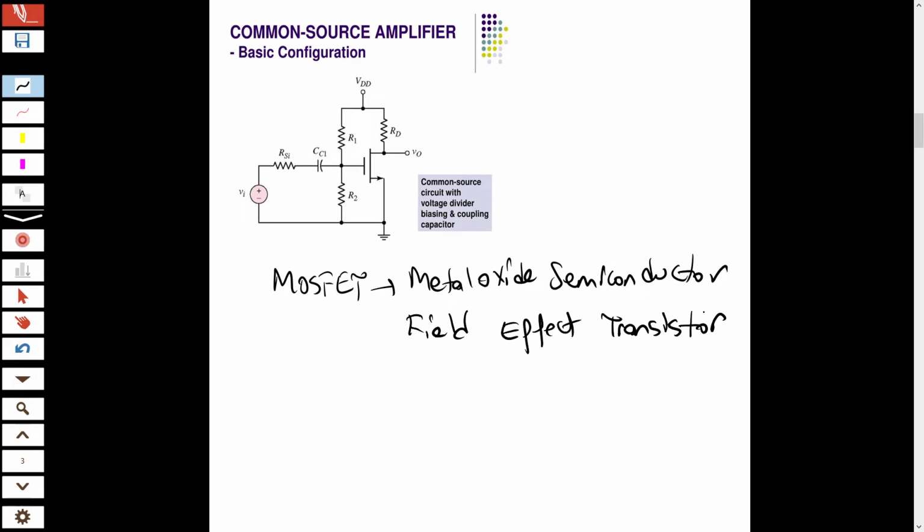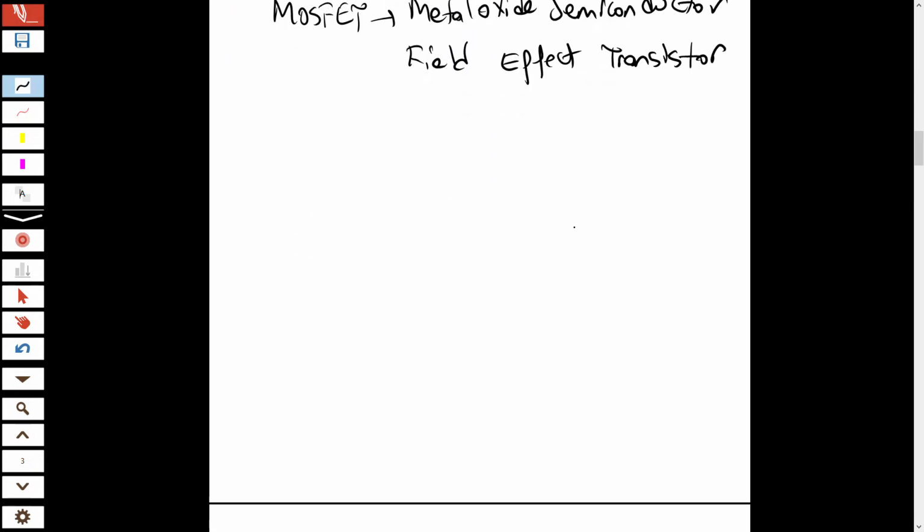There are basically two types of MOSFETs. One is NMOS. The symbol of NMOS transistor is like this. Here, this is basically drain side, this is gate side, and this is source side.